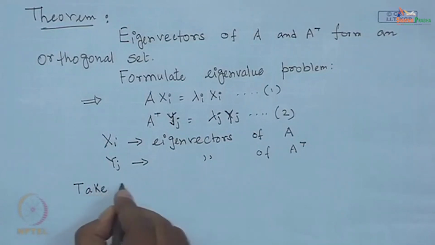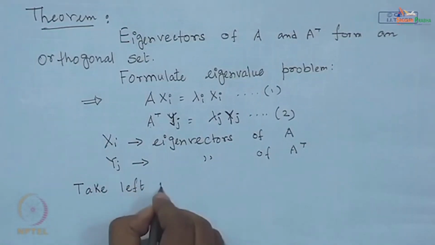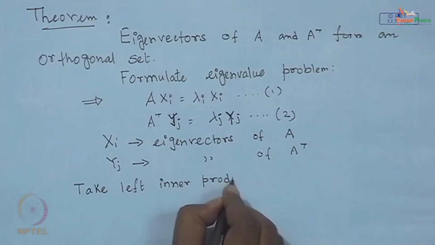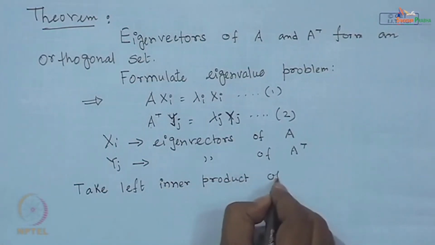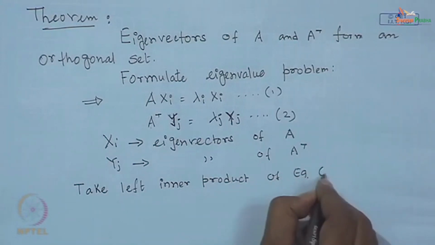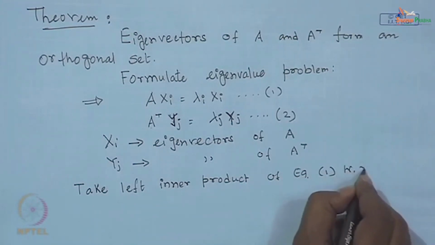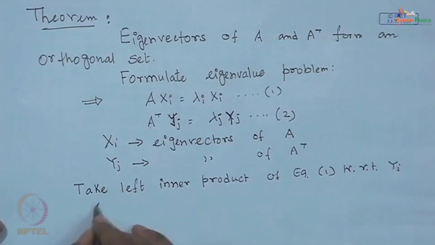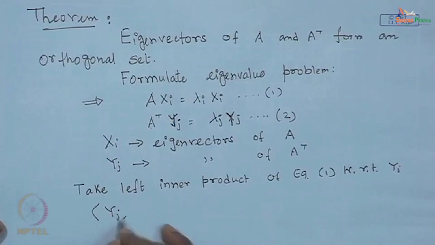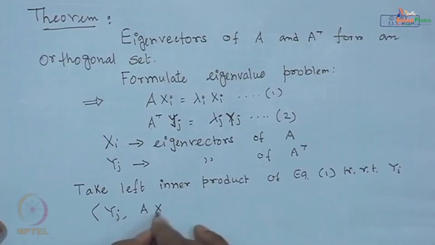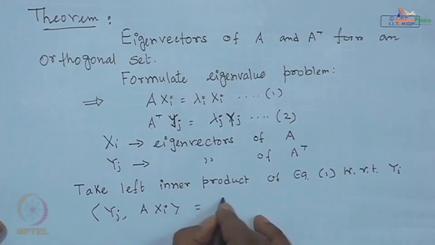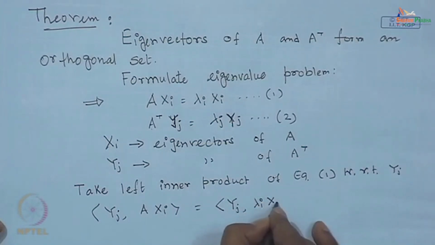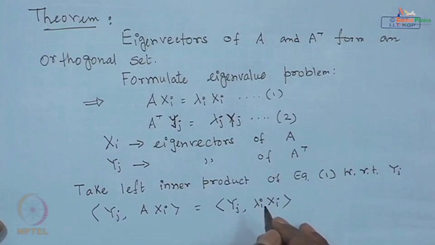Take the left inner product of equation 1 with respect to y_j, and what we will be getting is that the inner product of y_j and A x_i is nothing but the inner product of y_j and lambda_i x_i.